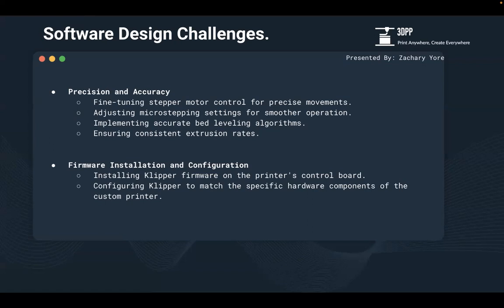Essentially we had to read through the documentation and fine tune how our stepper motors step, as well as fine tune the resistance in the heating cartridge, just to make sure that the heater was going to the correct temperature. Along with this, like I said, the firmware installation was a challenge just because of how much we had to install on the Raspberry Pi to get everything running correctly.